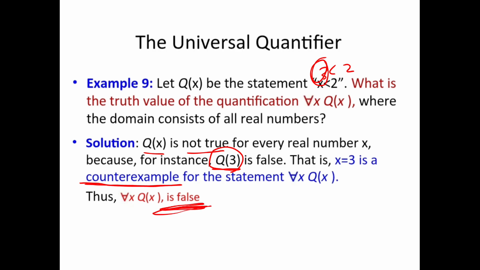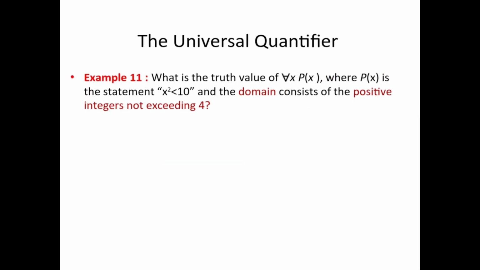So false siya. So another example, what is the truth value for all x of P of x where P of x is the statement x to the power of 2 is less than 10 and the domain consists of the positive integers not exceeding 4.